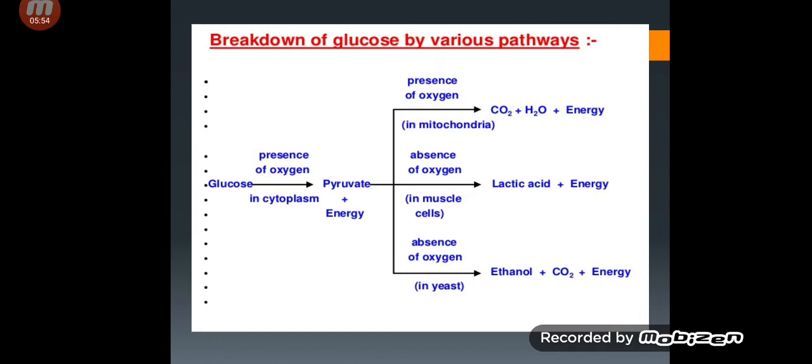In muscle cells, in the absence of oxygen, it gets converted into lactic acid plus energy. In yeast, in the absence of oxygen, it gets converted into ethanol plus carbon dioxide plus energy. This process is known as fermentation.